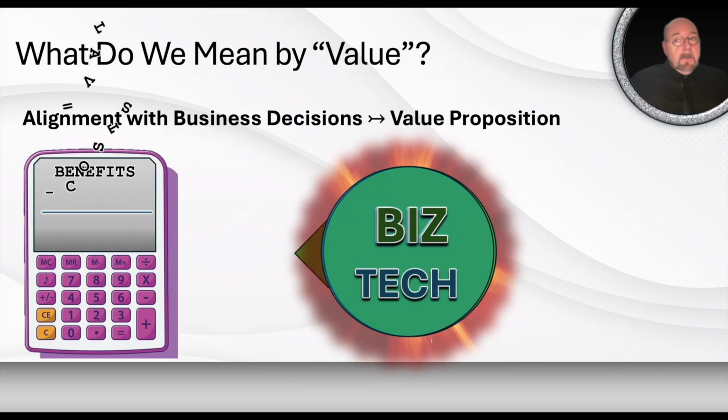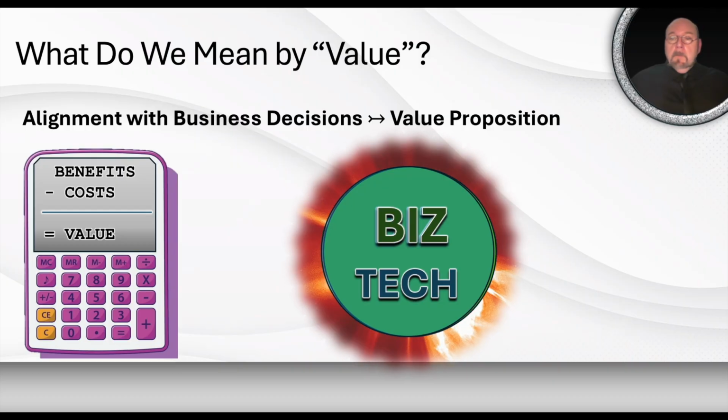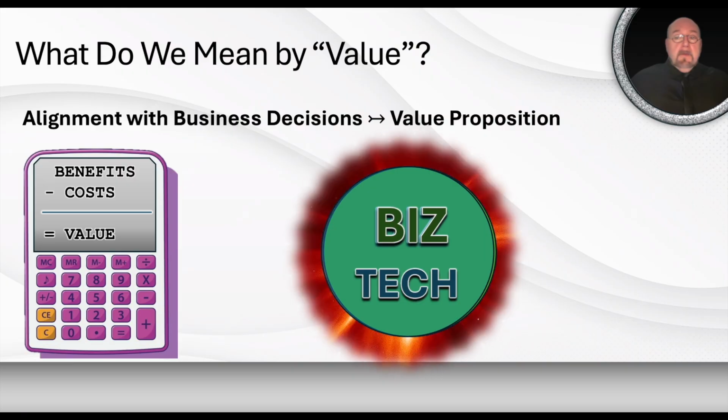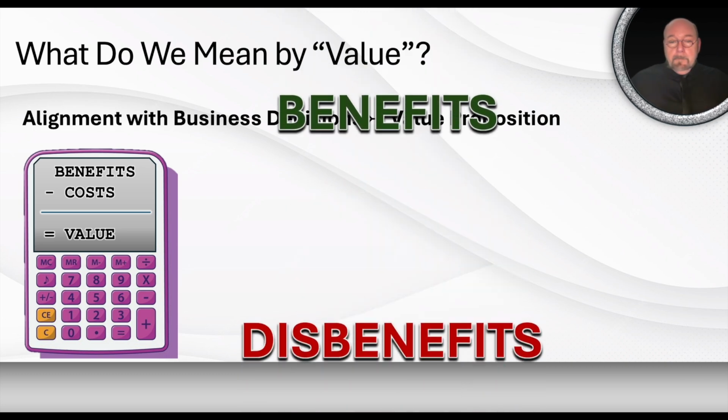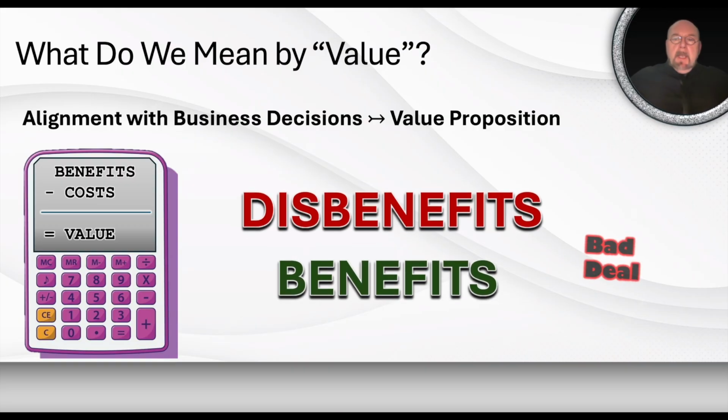Well, it's actually a very simple calculation. The value proposition that business lives and dies on is benefits or perceived benefits minus the costs equals value. Imagine that we had a project where the disbenefits outweighed the benefits. That's not a good deal, and we should avoid that.